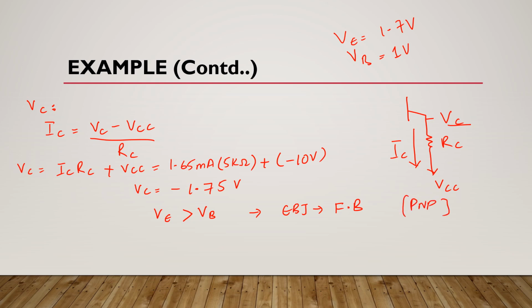Okay, and here this VB is greater than VC. It means collector base junction is reverse biased here. So this transistor is in active mode here.